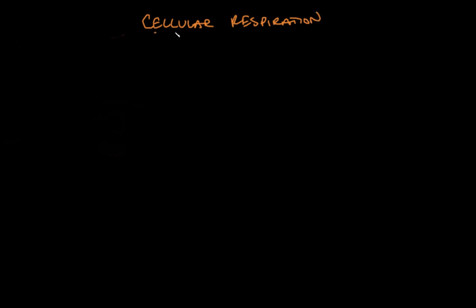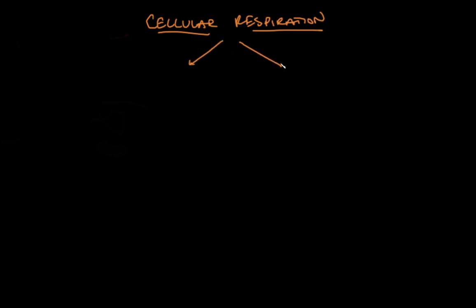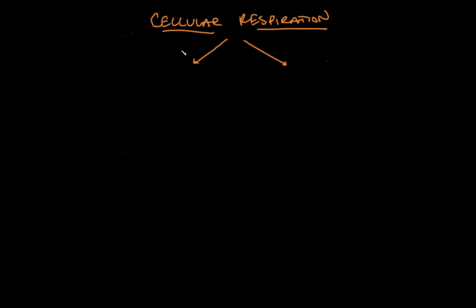There are several different kinds, right? So there's two major categories that we're going to call, sorry, I'm moving my screen around here. Cellular respiration. So there's anaerobic, and aerobic.